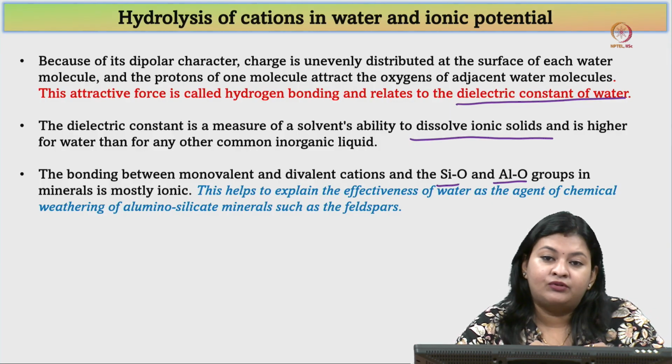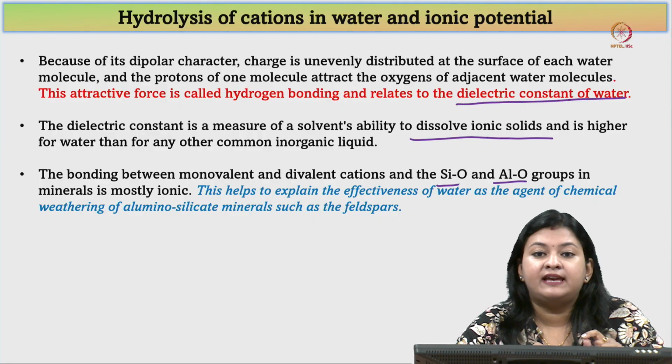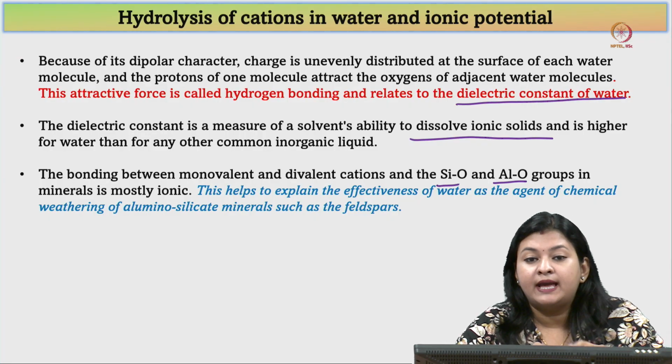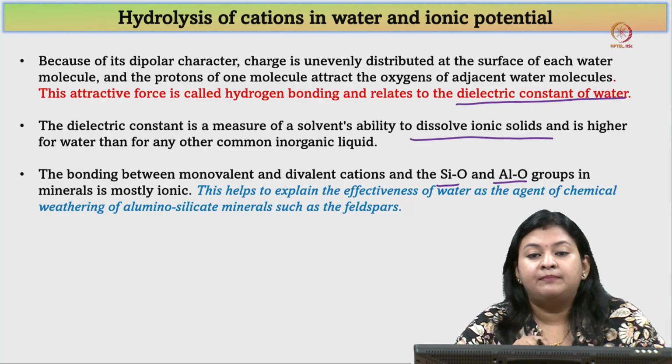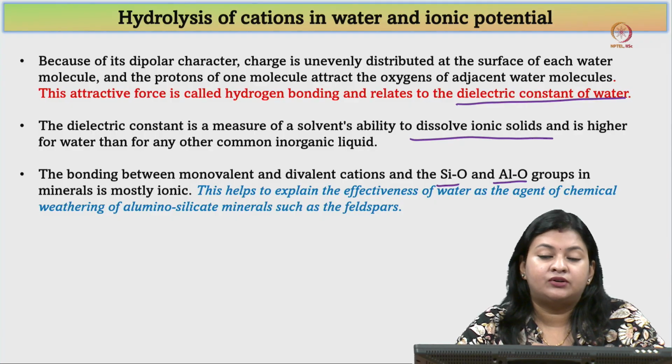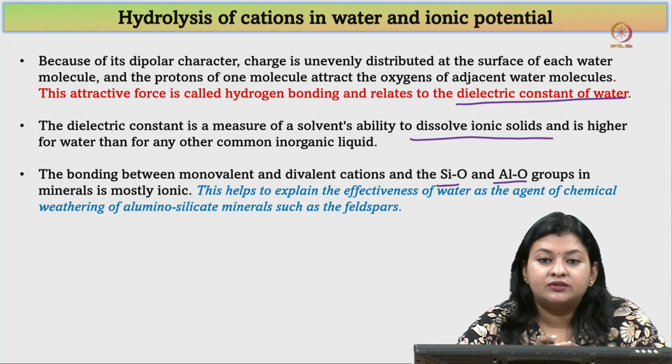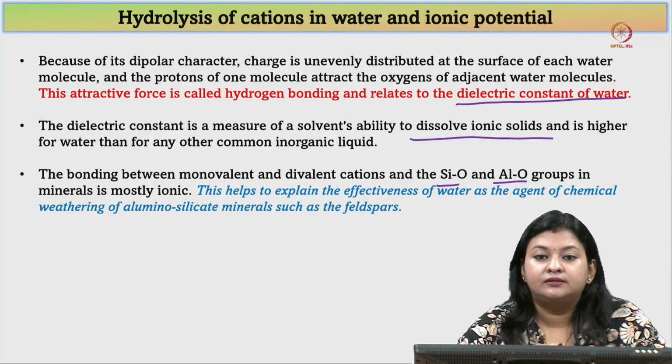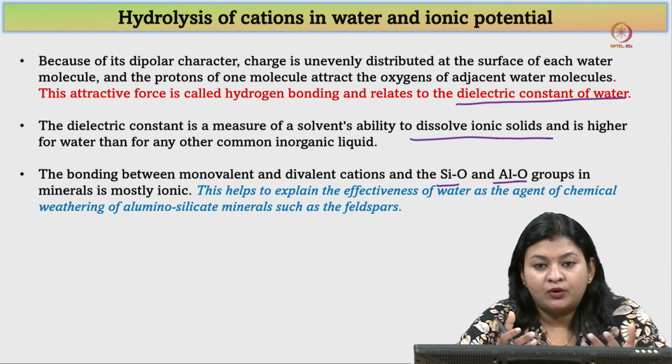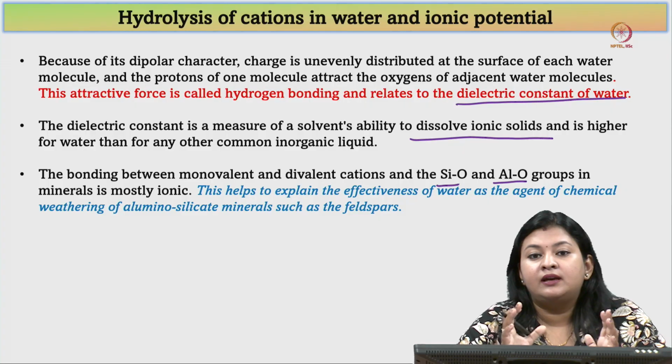Therefore, water is an extremely effective agent for chemical weathering, because it will dissolve these ionic bonds because of its high dielectric constant value, and it will just dissociate the components. Therefore, for silicate minerals, aluminosilicate minerals, water is an extremely effective weathering agent.